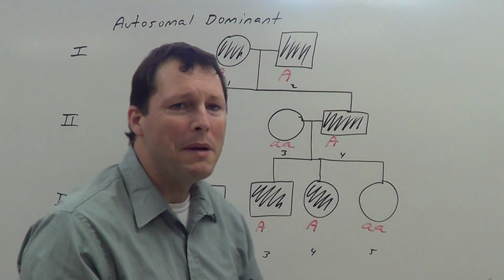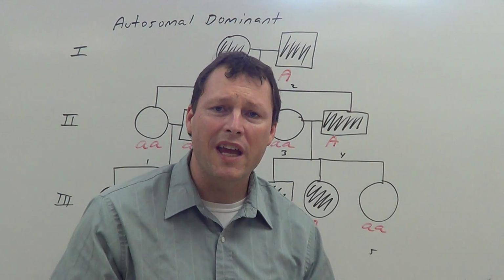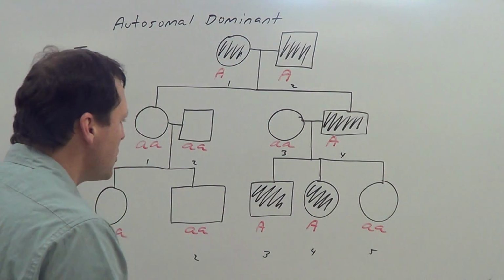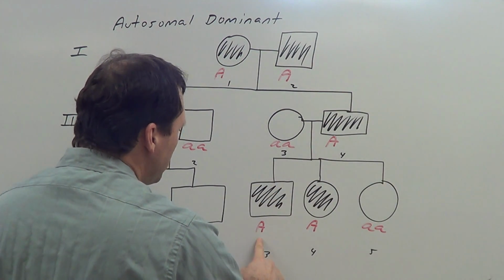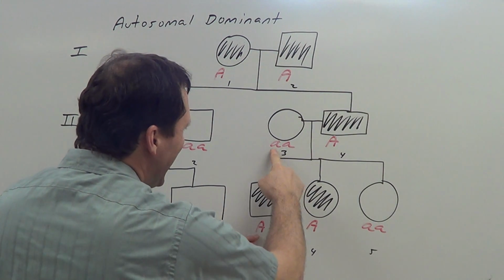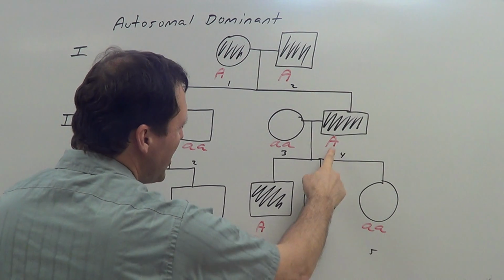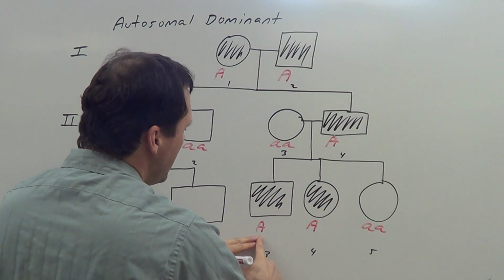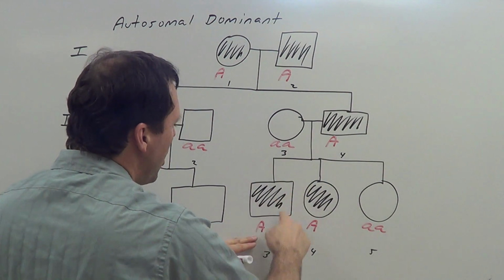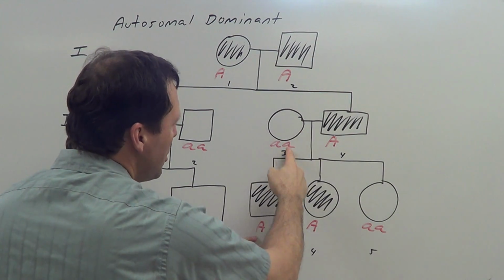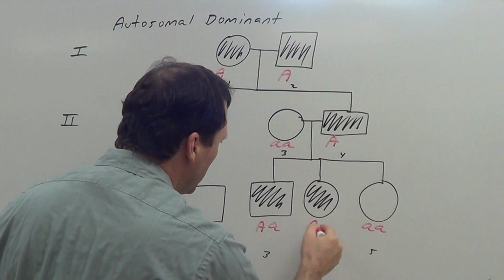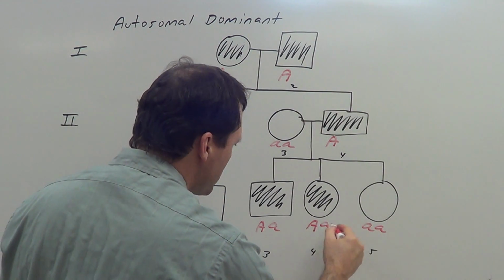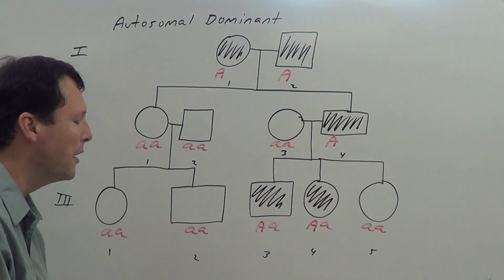And I know mom has to contribute one of those lowercase a's to her kids in all 3 cases. So we can see that there's a capital A here, and mom can't give what she doesn't have. So it looks like dad gave this capital A, but mom must contribute the other letter. And in either case, she's going to contribute a lowercase a. So I'm going to write that here, and the same case goes for this. So I'm going to write a lowercase a there.